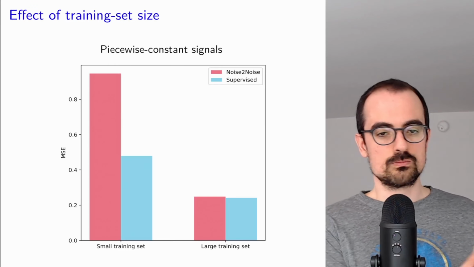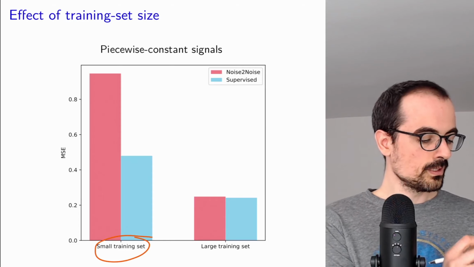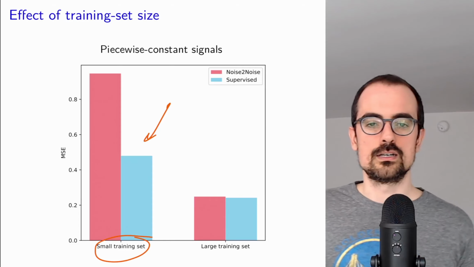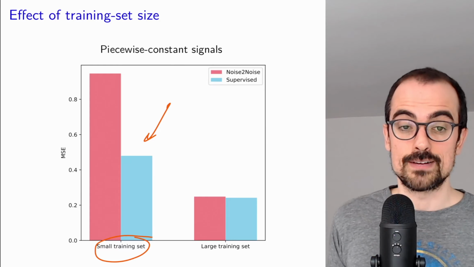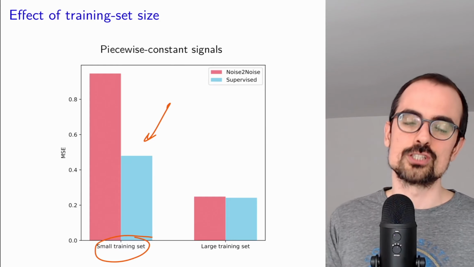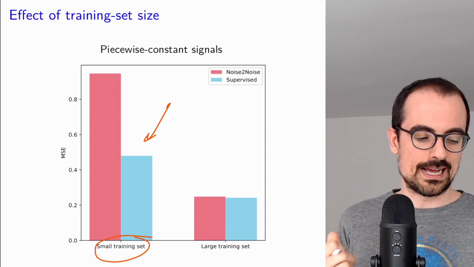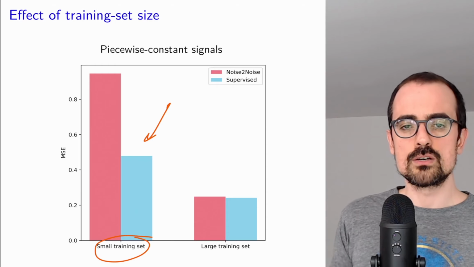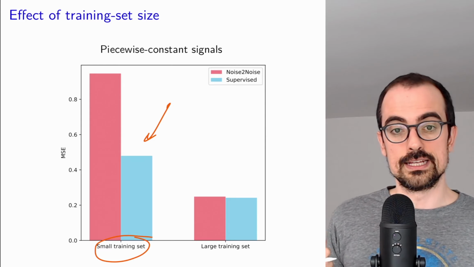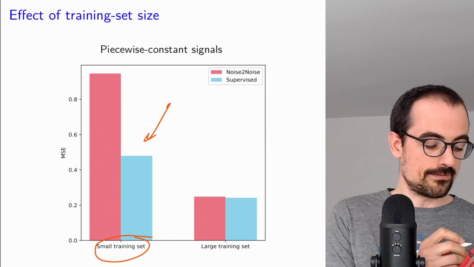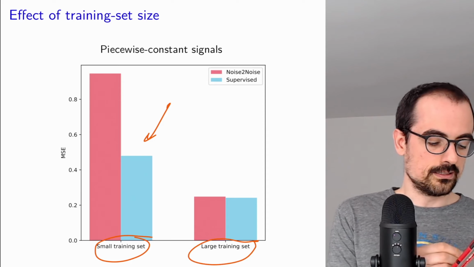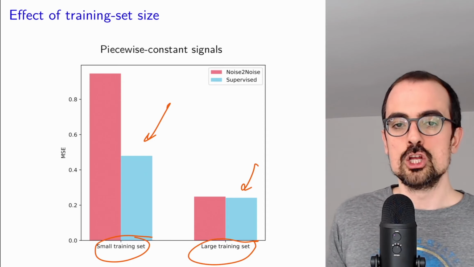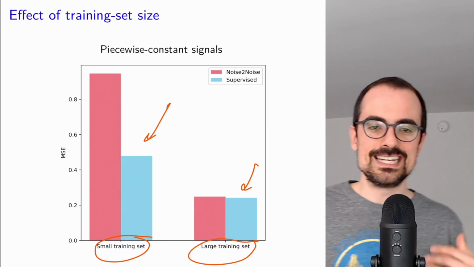Also, if we have a small training set, minimizing the unsupervised loss function, cost function, does not achieve the same level of accurate denoising as in the supervised case. But when we have large training sets, the performance is equivalent. So unsupervised methods typically need more data.